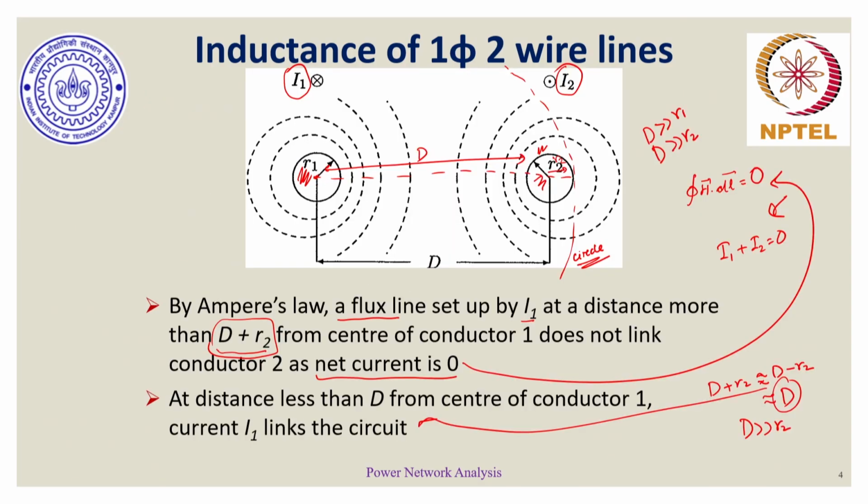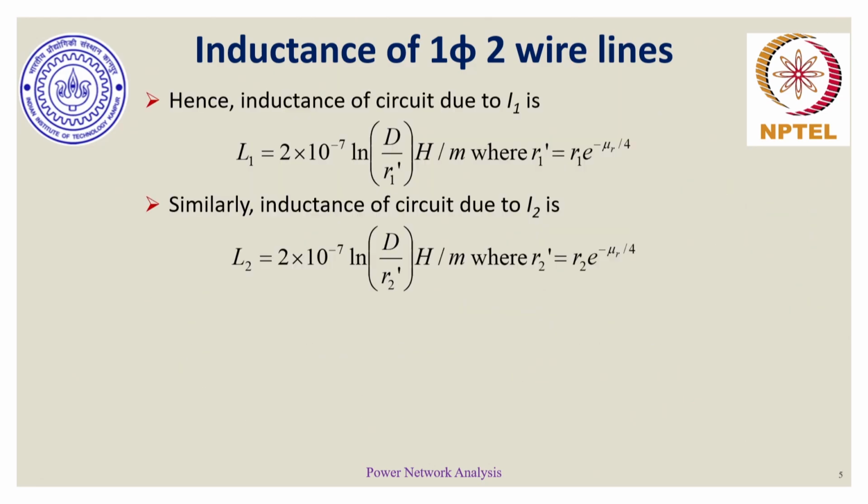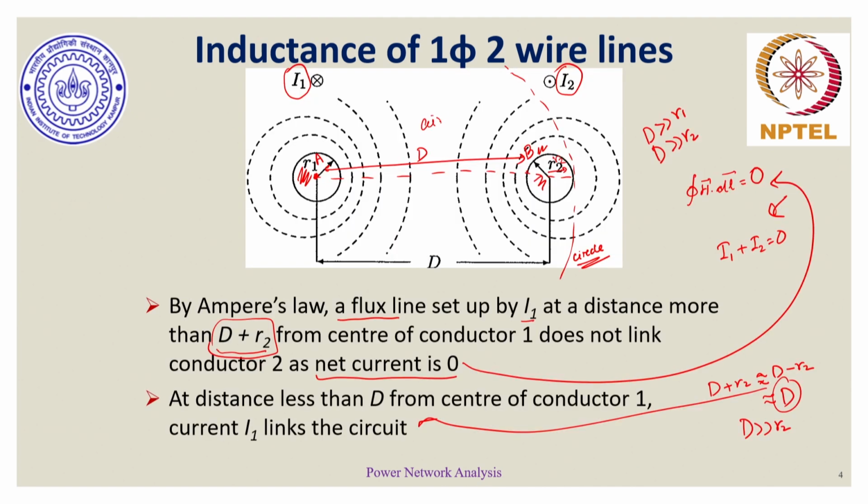If we apply the logic of net inductance at a point d from the center of the conductor carrying current I1 with radius r1, then the inductance between the point which is the center of the conductor, let's say point A, and a distance B, which is just outside the surface of the conductor carrying current I2, would be L1 equal to 2 into 10 power minus 7, as per the expressions that we saw in the previous lecture, considering that mu r is equal to 1, because in between these two spaces we have essentially air or vacuum, and the relative permeability of air is equal to 1.